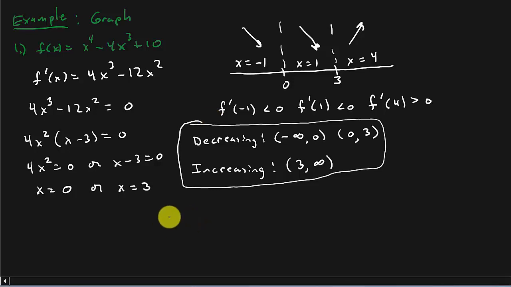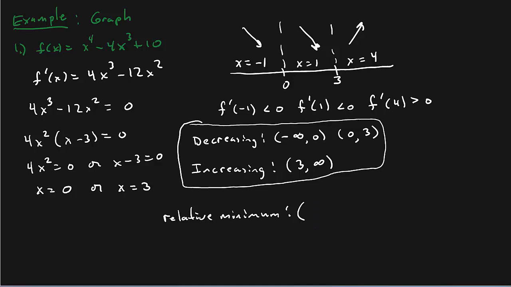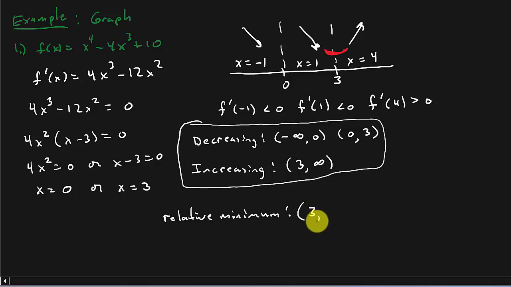All right, so now we have relative max, relative min. So we've got relative minimum. Well, if you remember from the first video, like I said, you got to go watch the first video. We have a relative minimum right here at x equal 3. And then how do we find the point, the relative minimum?